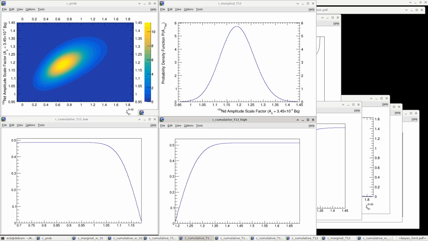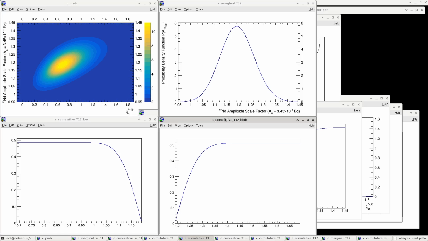So the low one, you can see the parameter varies from 0.19, which is the peak, and as you move away from it, you go to more negative values and the integral increases and it goes up to a value of a bit above 0.48.